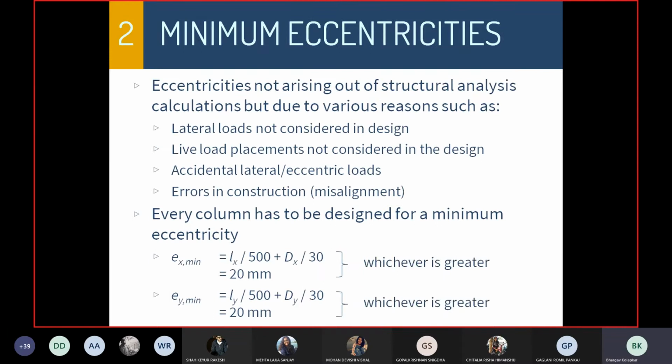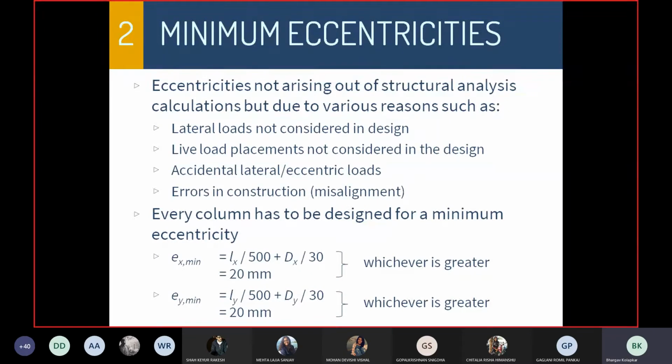And I think we also looked at minimum eccentricities. So when we say that a column is under pure axial compression, it means that there's going to be no or minimum amount of moments. But even though we can theoretically say that a column is going to be under axial load, practically it will be under moments because of a number of factors.